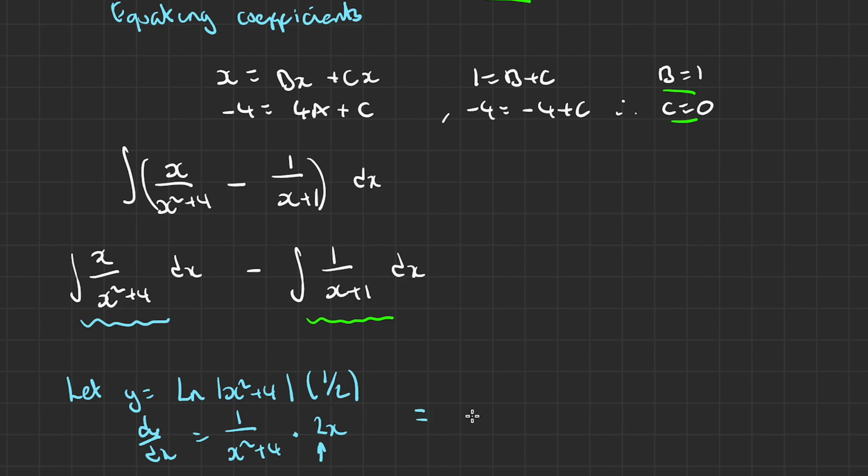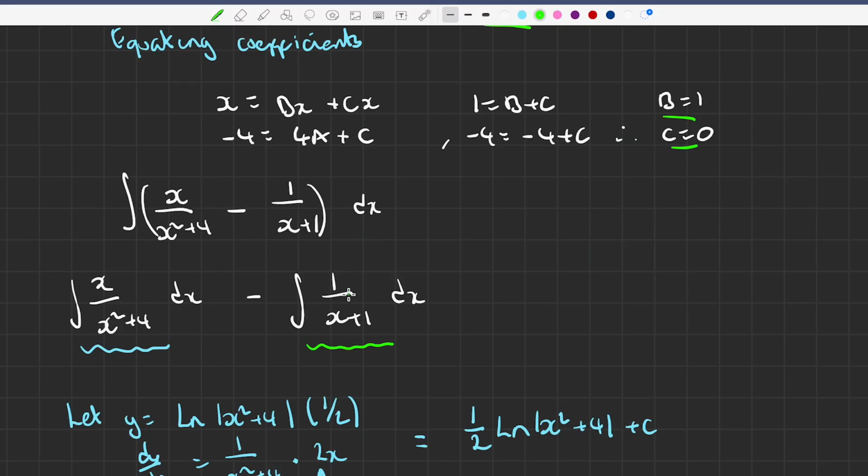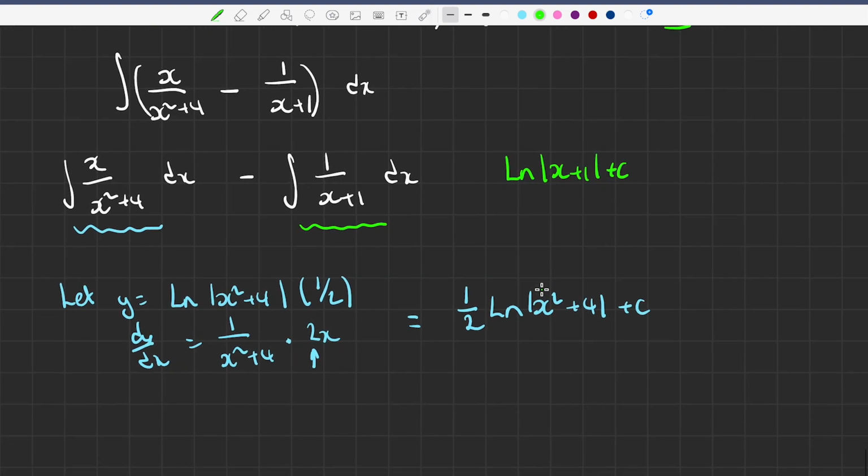So the integral for our first function will be 1/2 times the natural log of x squared plus 4 plus a constant term c. And if we look at our second integral, well, this will be the natural log of x plus 1 plus c. So now we need to put these back together.